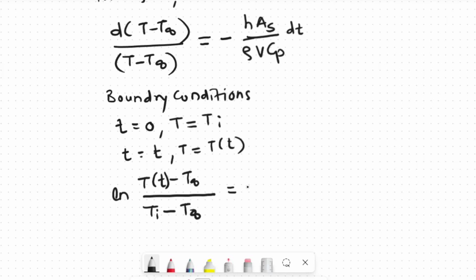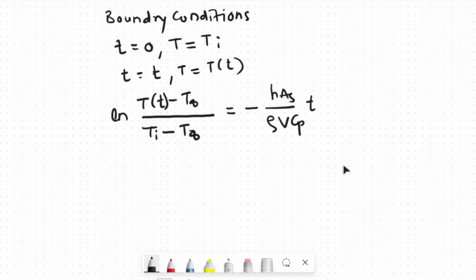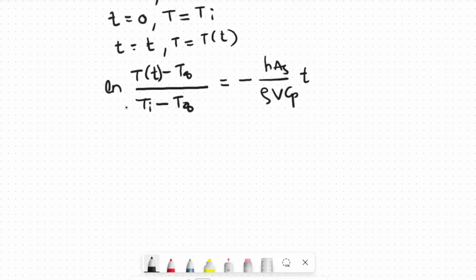That value is equal to minus h into As upon rho V Cp into the integration of dt, which is equal to t. If we remove this natural log, we need to add an exponential in the equation.